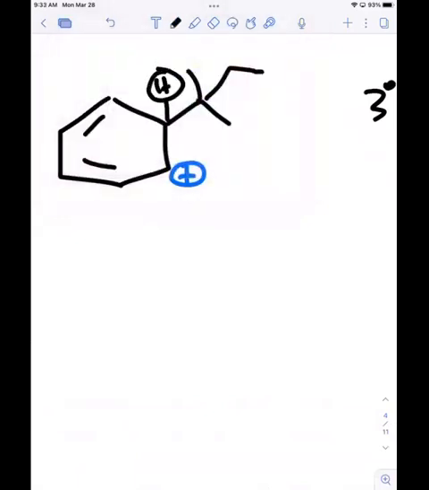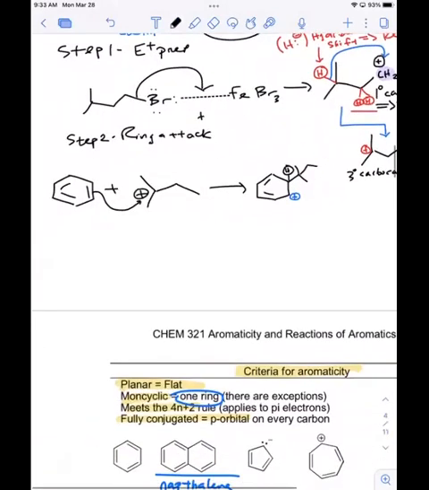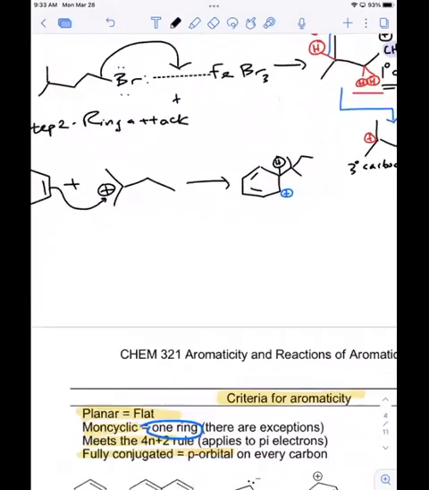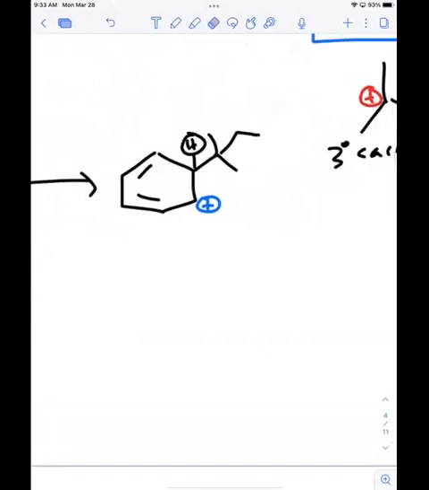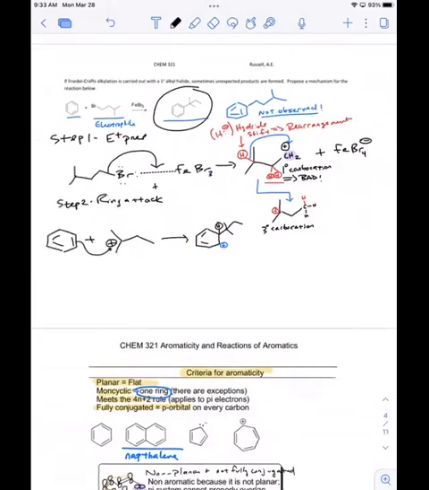There's a hydrogen here that we're going to rip off in the final step, which is to do what? Reestablish aromaticity. Nothing changes. There are 3 steps to each one of these reactions: make the electrophile, attack it with the ring, and get the ring back to its original state.